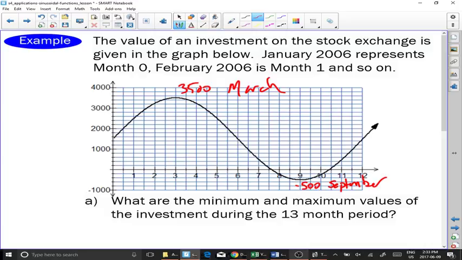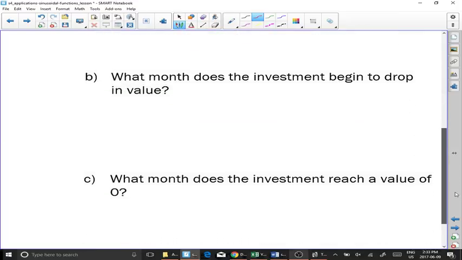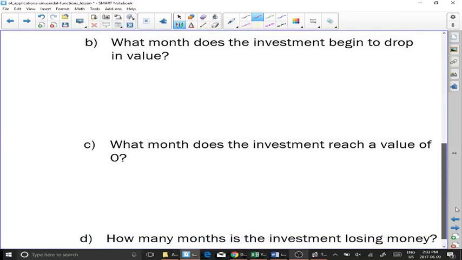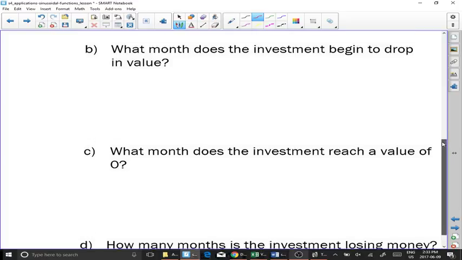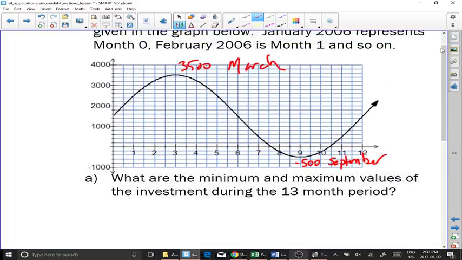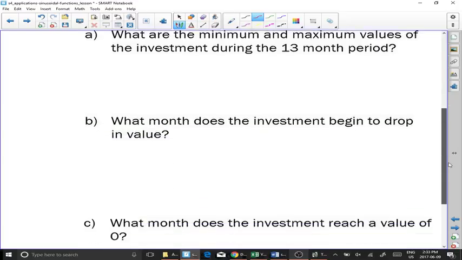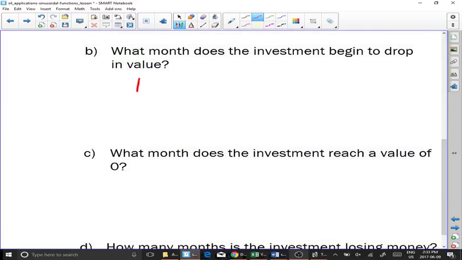Okay. What month does the investment begin to drop in value? So is it going down? Well, it's March. After March, it begins to go down. So when it reaches that maximum value, after March, it begins to go down.